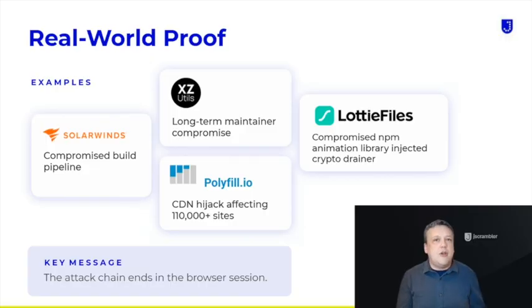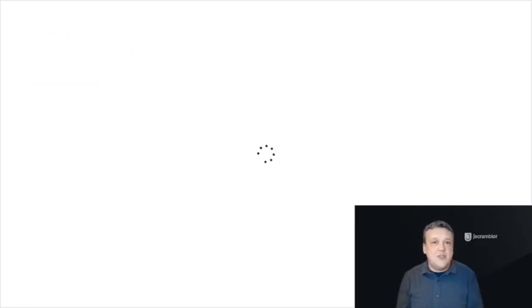So the evolution goes from compromising the build pipeline, to manipulating maintainer trust, to acquiring infrastructure, to hijacking package credentials at scale. Each one of these is progressively harder to detect, but they all converge on the same endpoint, and that is malicious code executing where the users are.